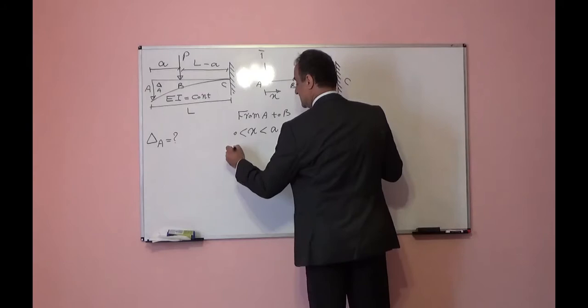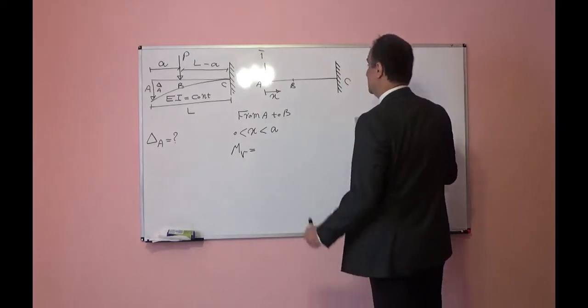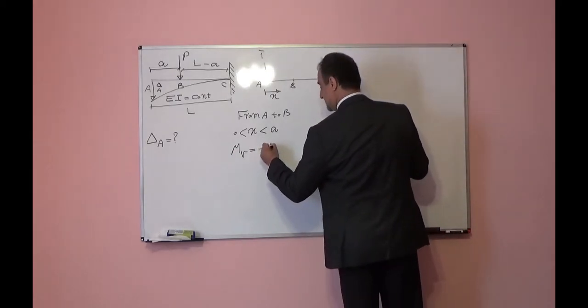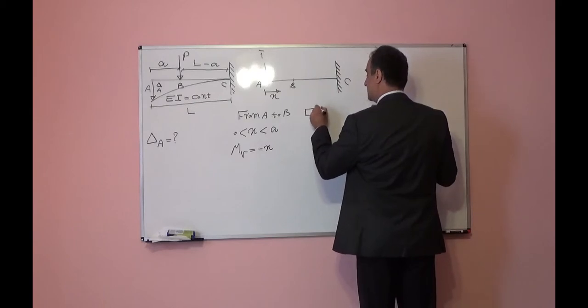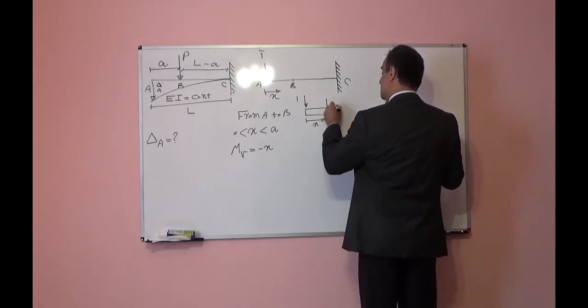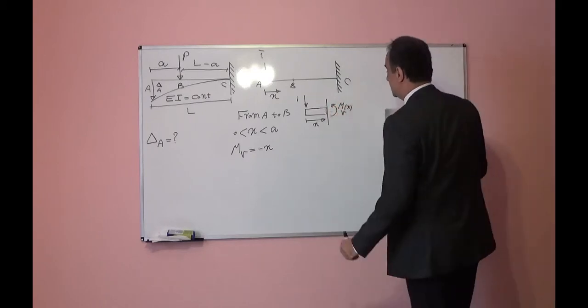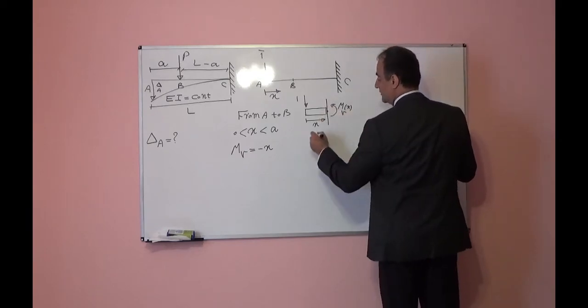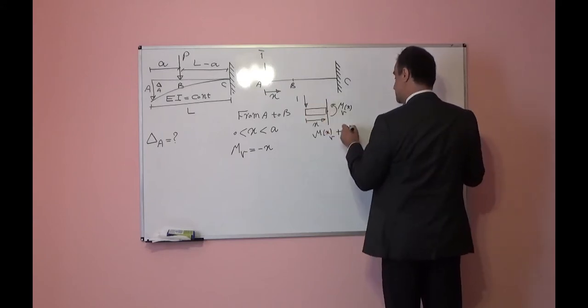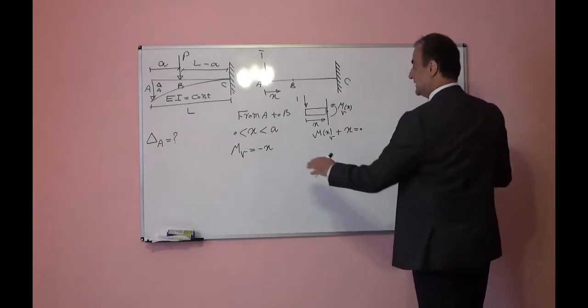In this range, moment, because of this unit virtual load, will be minus x, because if we cut beam at x distance, this is load 1, I want to find mvx. If I take moment with respect to the cut point, I will have mvx plus 1 times x is equal to 0. If I take x to other side, it will be negative x.